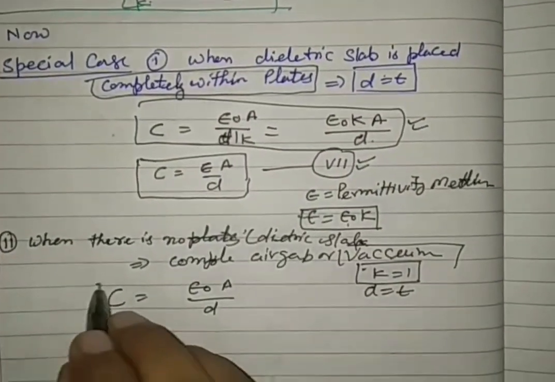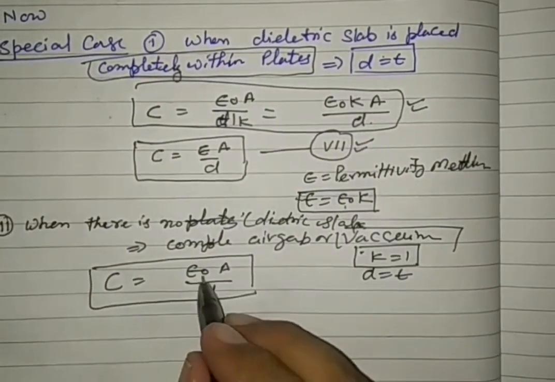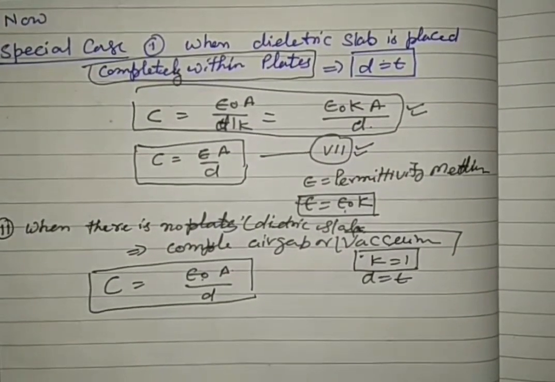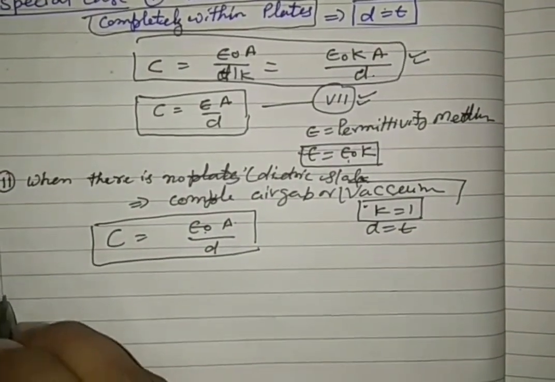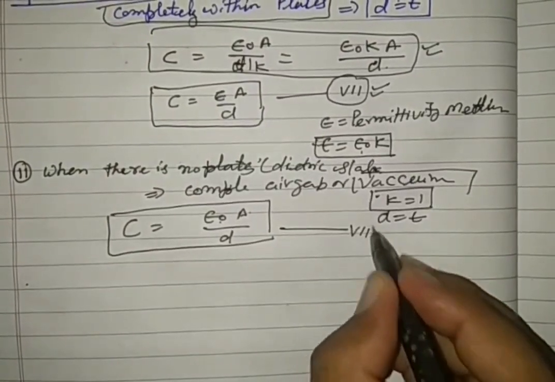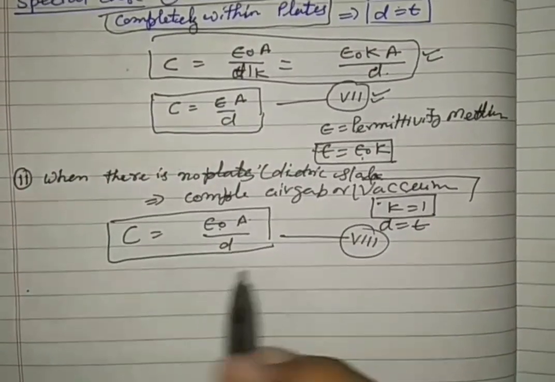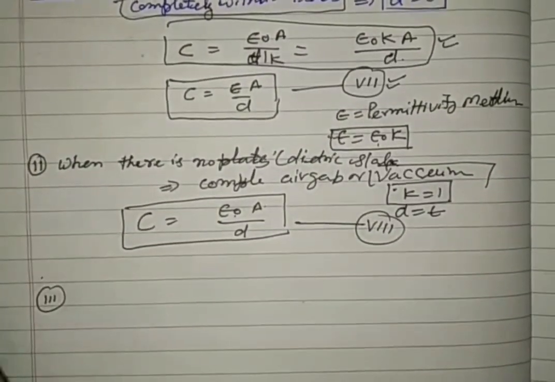So this is the formula: C is equal to epsilon 0 A by D. This is equation number 8 we obtain. Now the third special case.